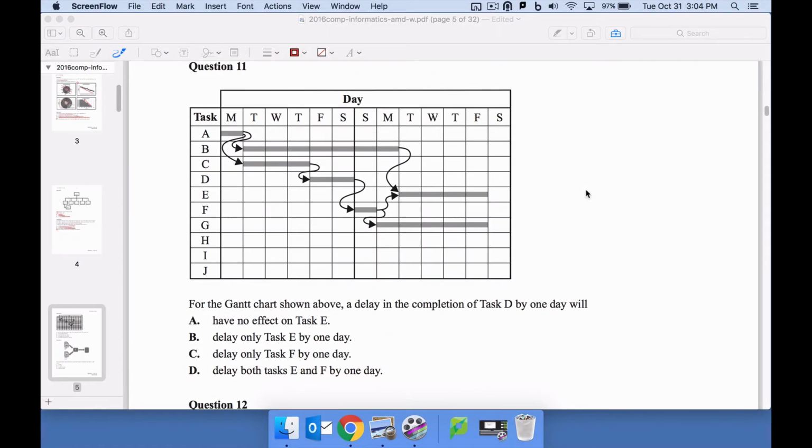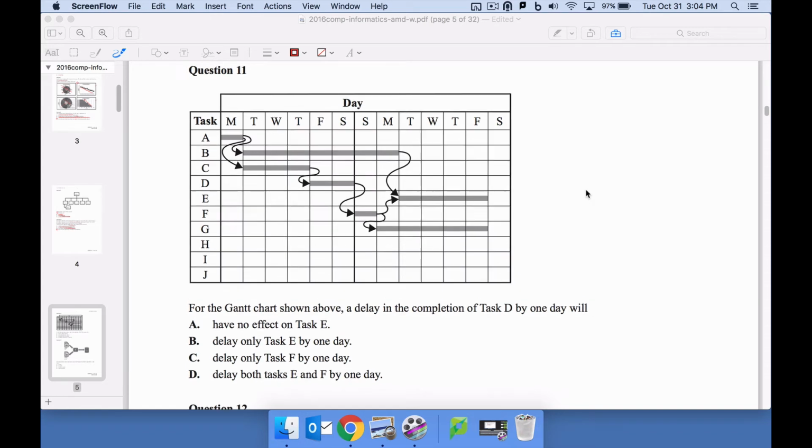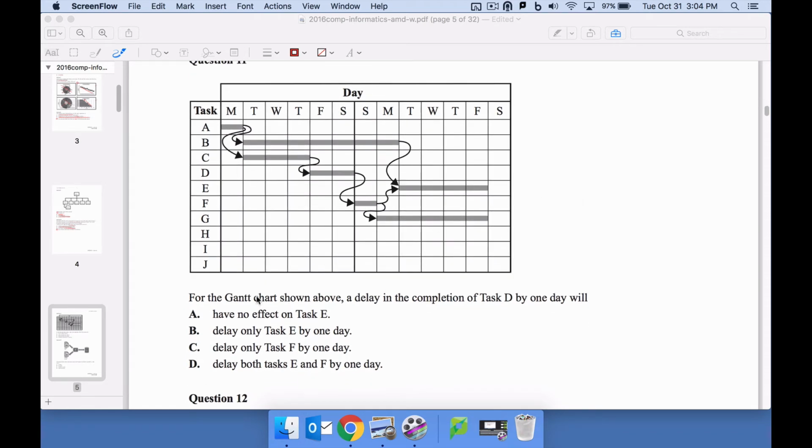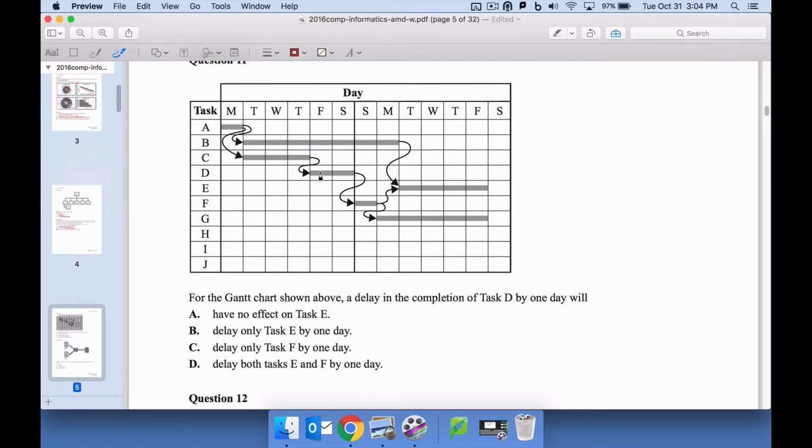Question 11, a project management Gantt chart question. That should be an easy one. For the Gantt chart shown above, a delay in the completion of task D by 1 day will what? So let's find D, and let's just draw a delay. So this will go to here and end on Sunday.